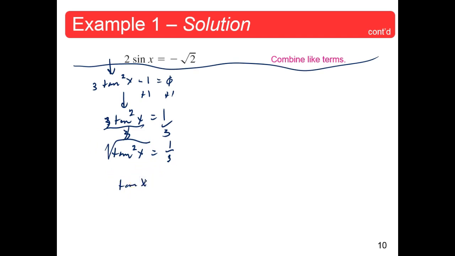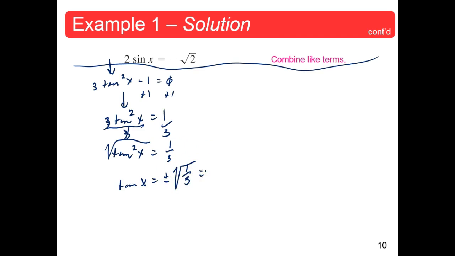Now, warning, warning, warning. Whenever you take square root of both sides of an equation, you've got to remember plus or minus. Got to remember that. So on this side, it's going to be plus or minus the square root of 1 over 3.